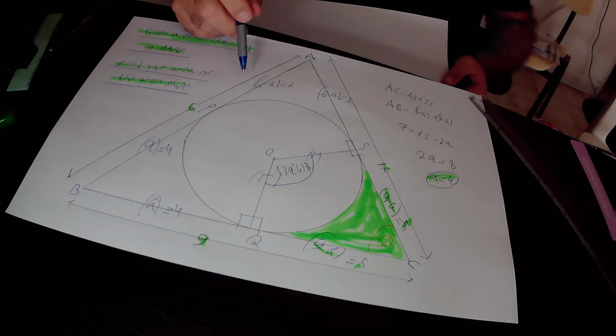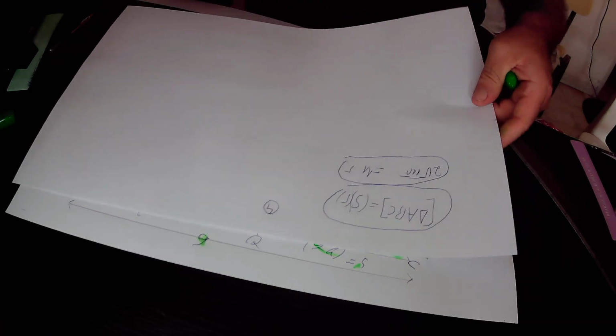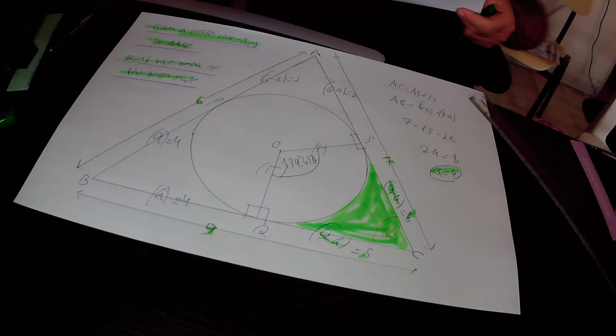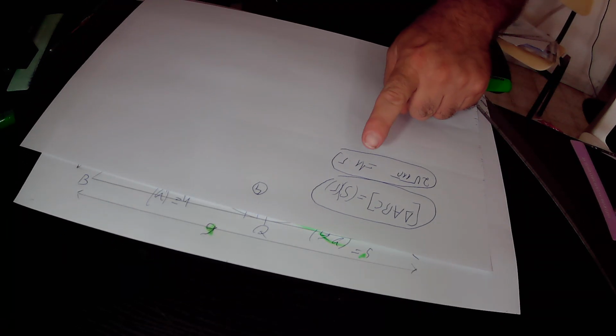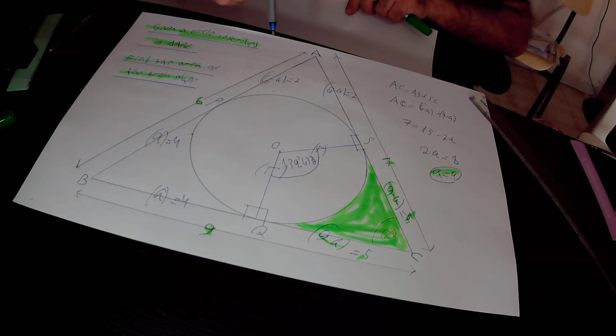The semi-perimeter of this triangle ABC is 11, and therefore, when we put in the equation, the area of this triangle ABC will be equal to the semi-perimeter of triangle ABC times the radius of this circle the triangle ABC blocks.